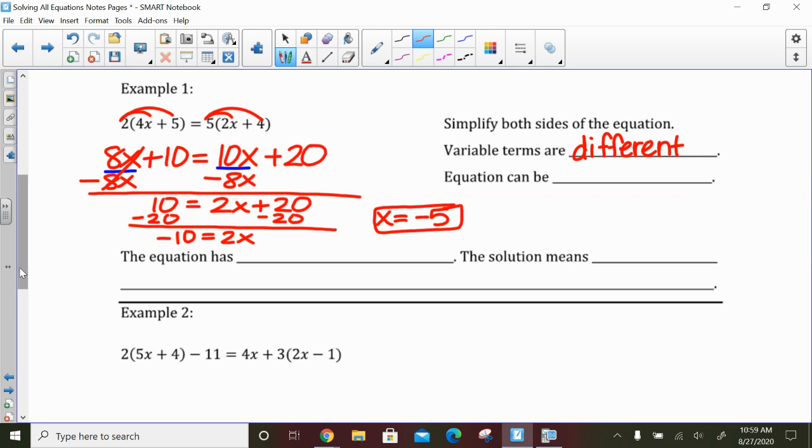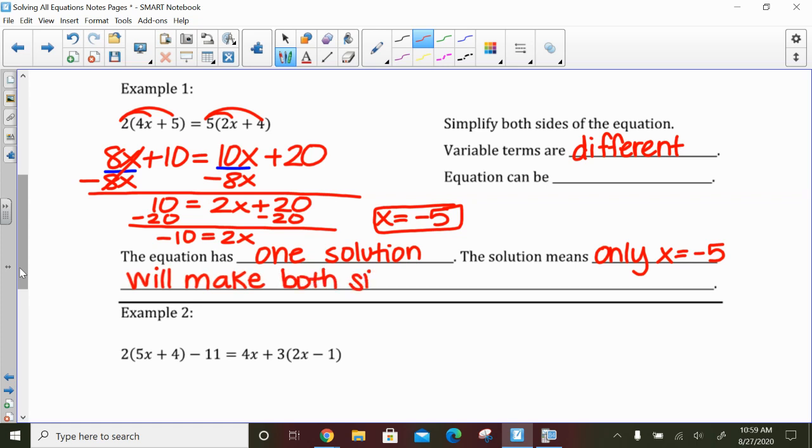Okay, so this equation has one solution. The solution means that only x equals negative 5 will make both sides of the equation equal.